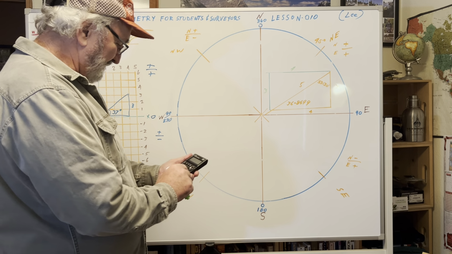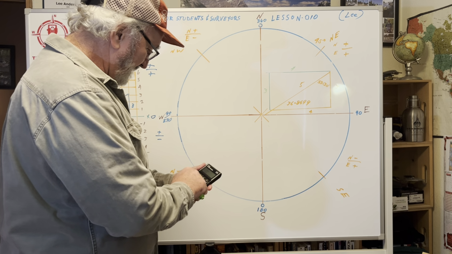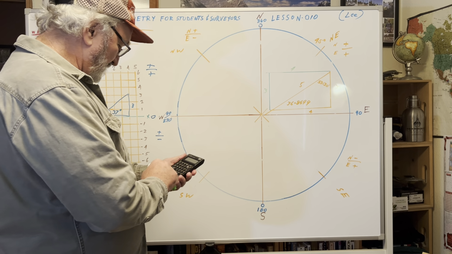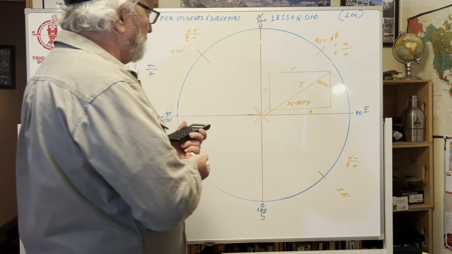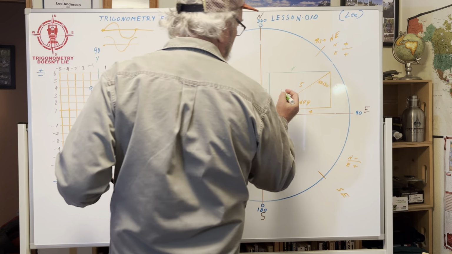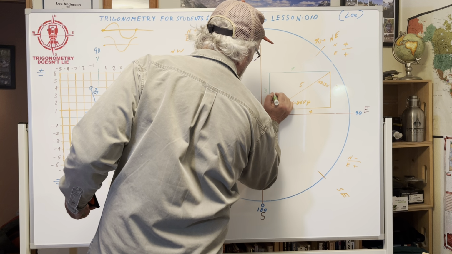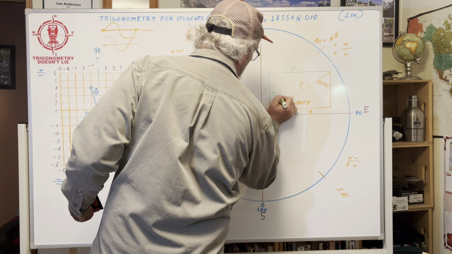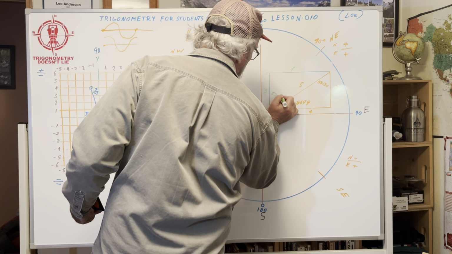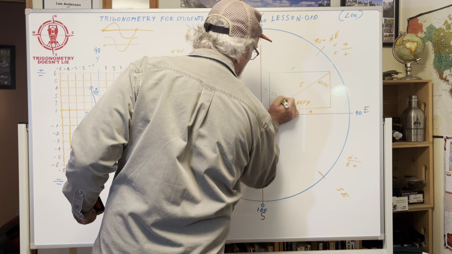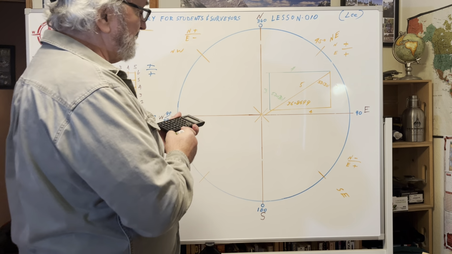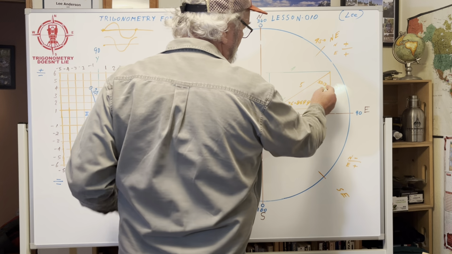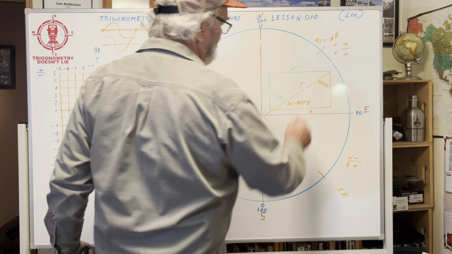Now we want the arc tangent of that, which is 53.1301, and I'm going to store that as B. 53.1301, same as here. And of course, that's also going to be 36.87.